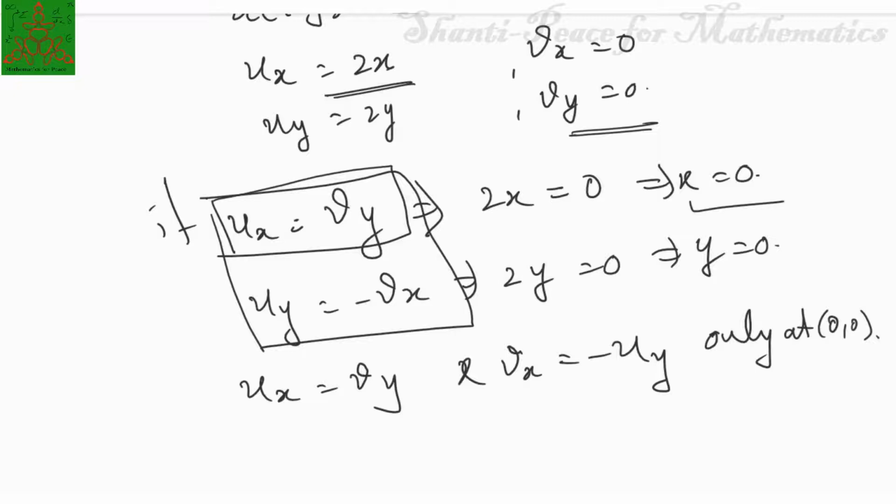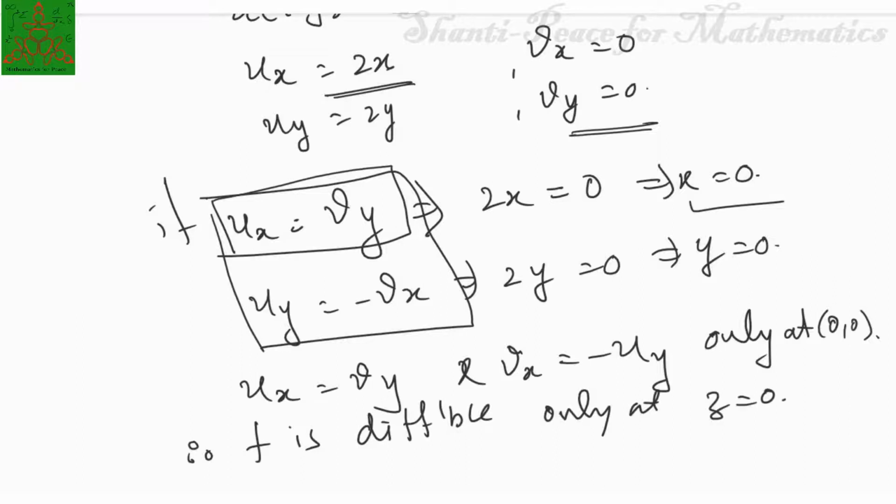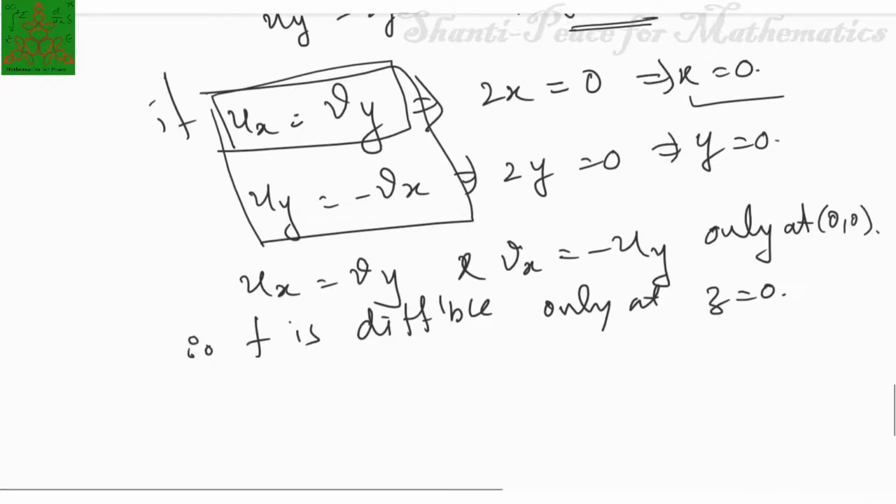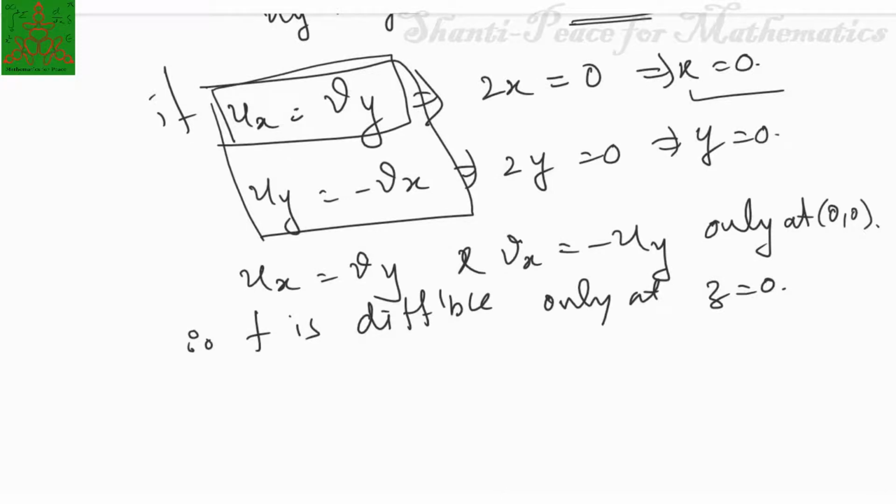So that means what we can say is function f is differentiable only at z equal to 0, otherwise it is not differentiable. And what does the definition of an analytic function say? It says that at a point z0, if you want to say the function is analytic at that point, it has to be differentiable in some neighborhood of that point.